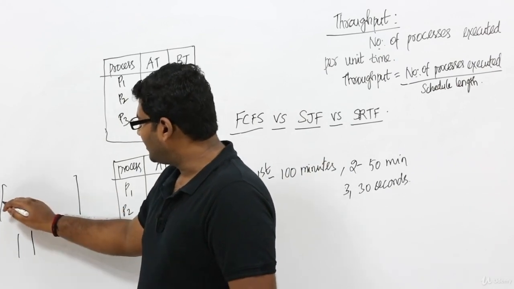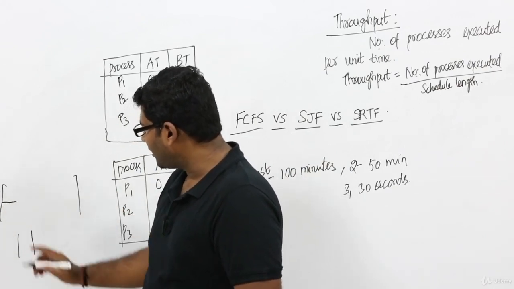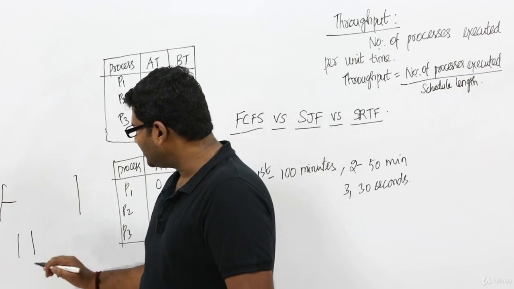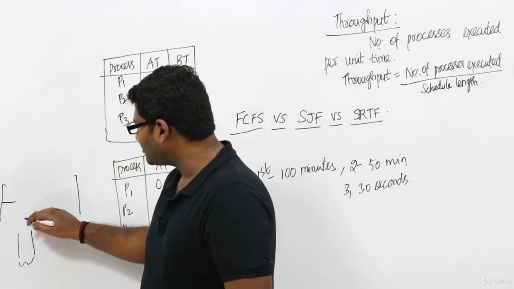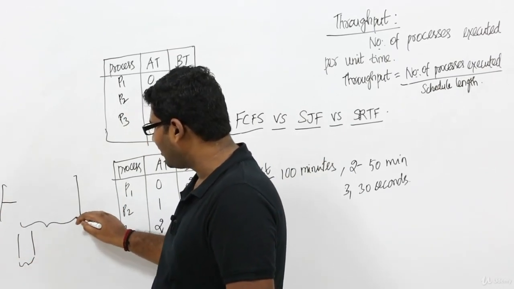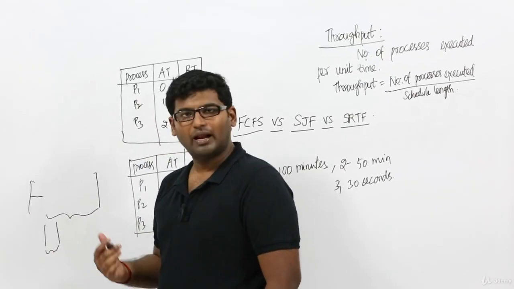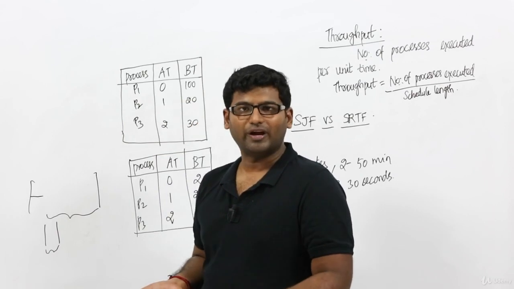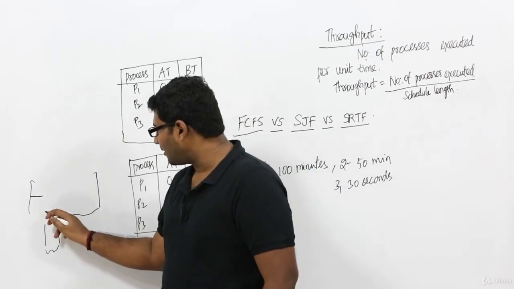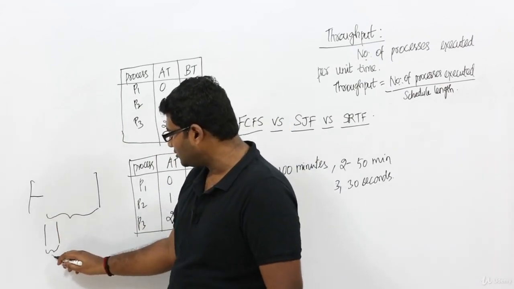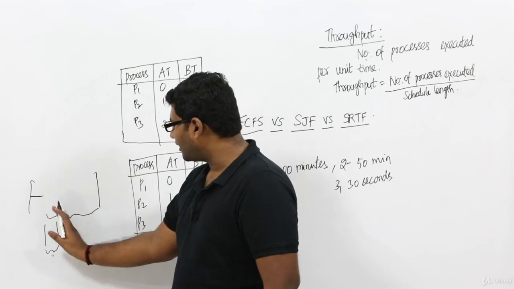Till this point I will be executing the bigger process. After this I will check this time as well as this time, and whichever gives the smallest time, I will execute that process. That is what SRTF will do, right? So SRTF after this point will execute this process and continue with this.